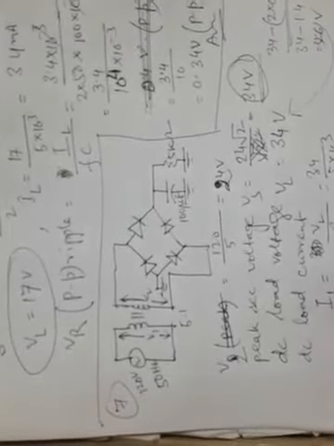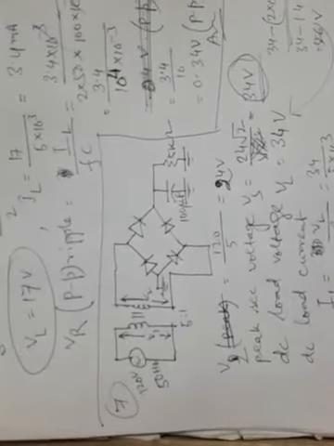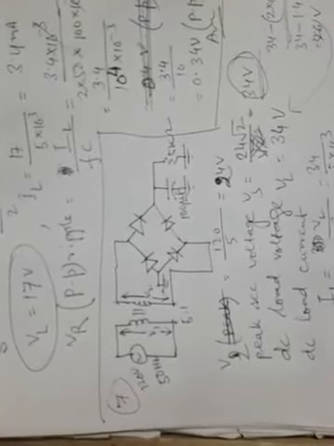Now the ripple voltage peak to peak, denoted by VR, is given by the formula IL by F into C. And what is IL here? 6.8 into 10 to the power minus 3 divided by frequency 50 into the value of the capacitor 100 into 10 to the power minus 6.